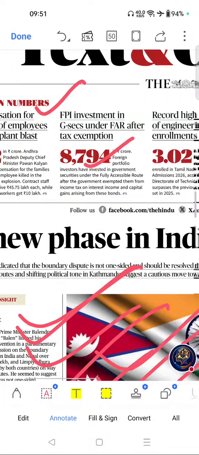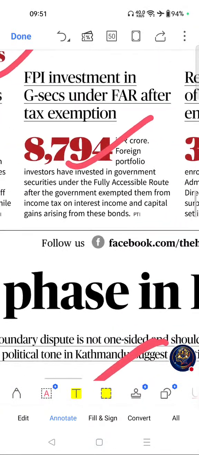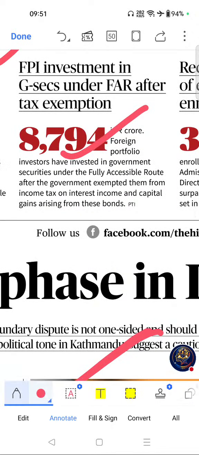Was this one? FPI investment in government securities.